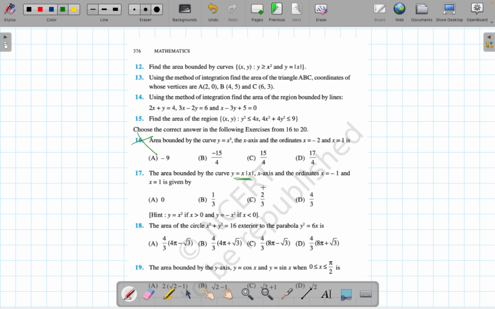This is no problem. I hope you will be able to do it. Mod means again the same, right? To remove the modulus, you take plus once and minus once, and then you will be able to do it. So y is equal to x square is one and y is equal to minus x square is another. So you know how to plot both the parabolas, right?